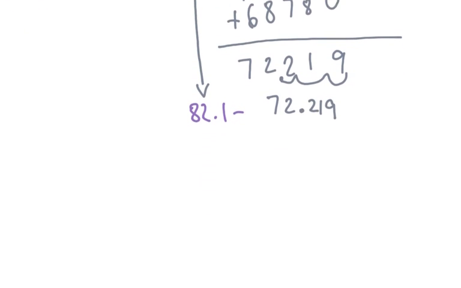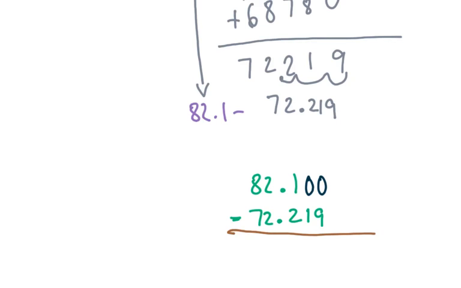Now let's not forget, we still have this 82.1 that we're going to subtract 72.219 from. So we have 82.1 minus 72.219. When I write this out, I need to include zeros to make sure that the values are aligned correctly. And then I'm going to subtract.